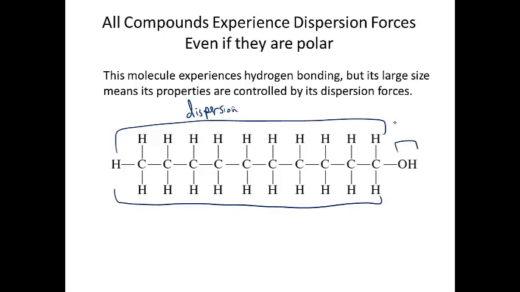And this is governed by hydrogen bonding, this little area here. And it turns out that both of those have important functions in the molecule and how it acts. But in this case, this part is so much larger, the boiling point, or the melting point, or the enthalpy of vaporization, is going to be more controlled by this giant long chain, even though it's nonpolar, just because it's so large, its effect overwhelms the single hydrogen bonding group.